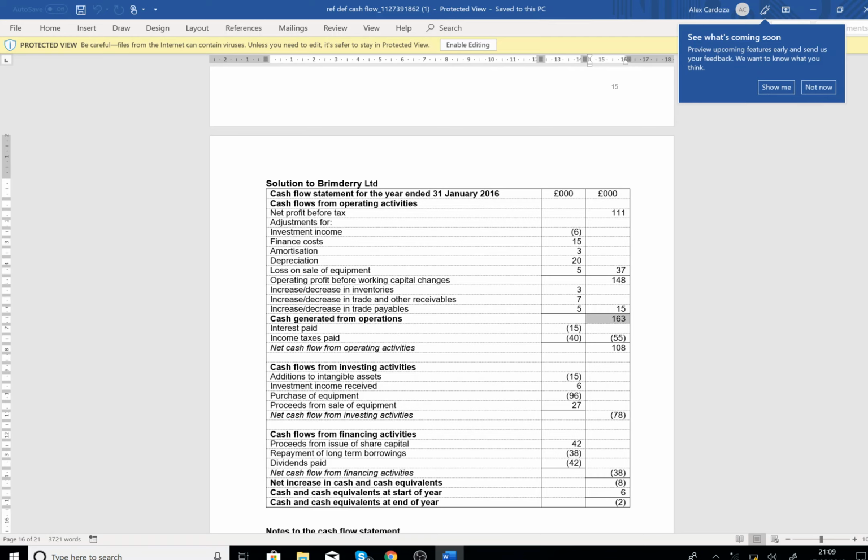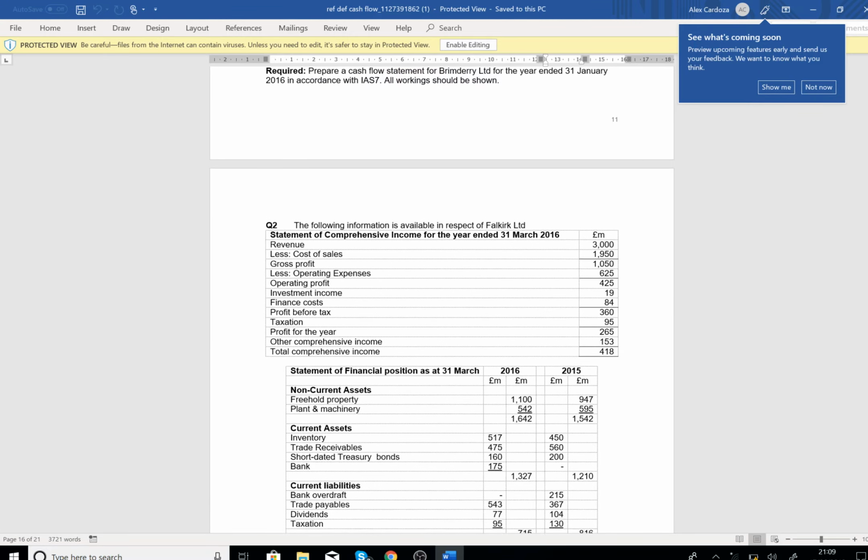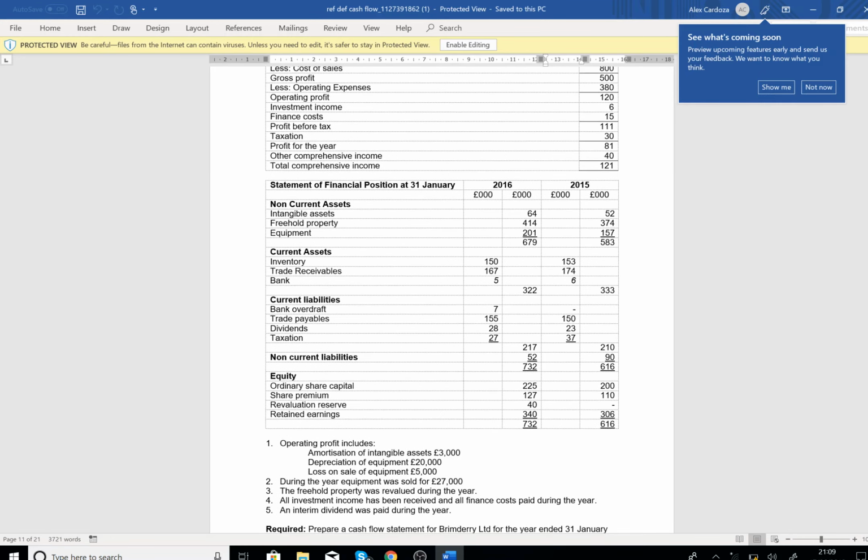Then you just go to your income statement, you take off your interest paid, which is the same as 15 here, so you add it back in and then take it away. And income tax. Okay, 40. Where is it?